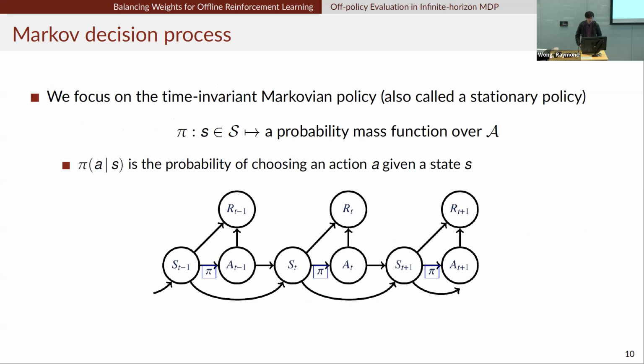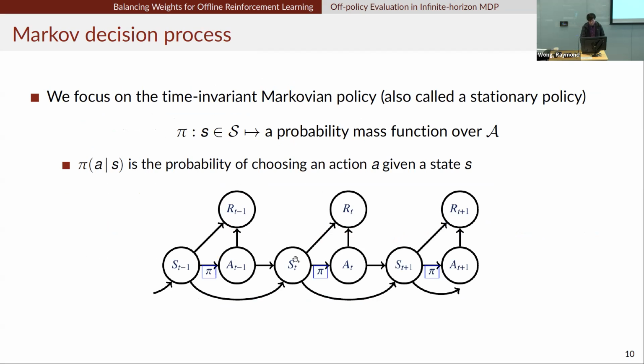To generate the trajectory, we need a policy. I'm going to focus on a time invariant Markovian policy, which is also known as a stationary policy. The policy is essentially just a map from a state to a probability mass function over actions. You can also regard this as a conditional probability mass function.